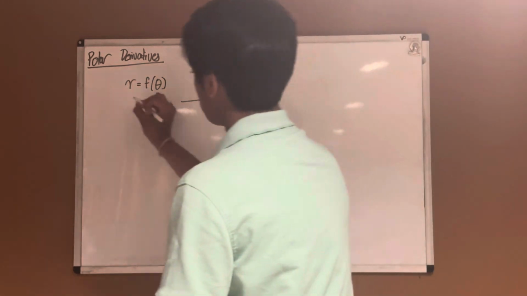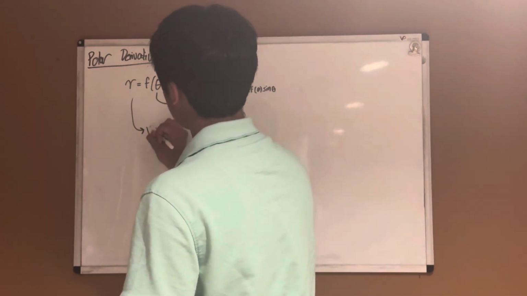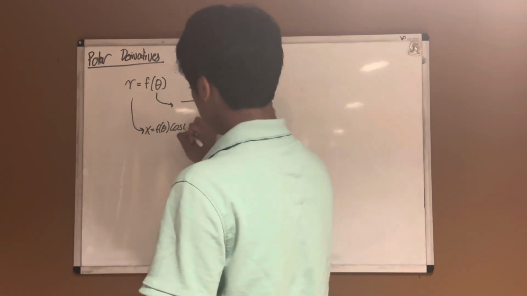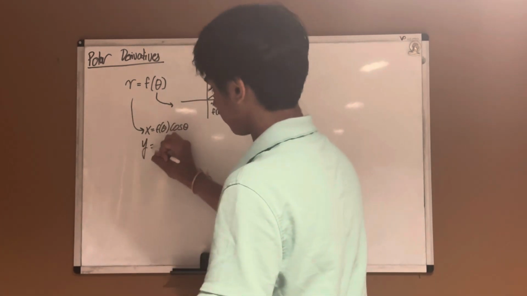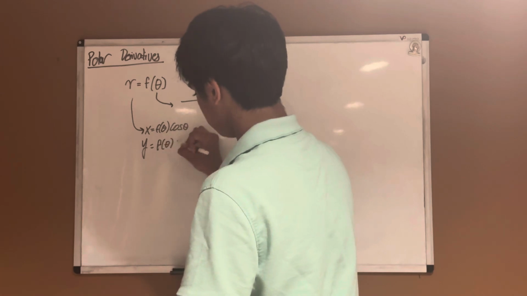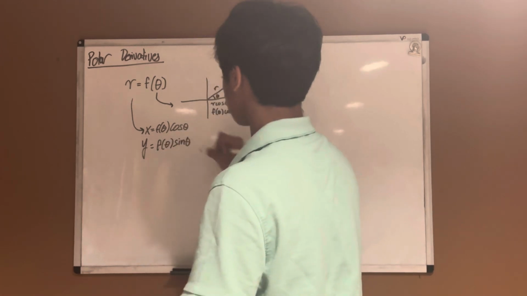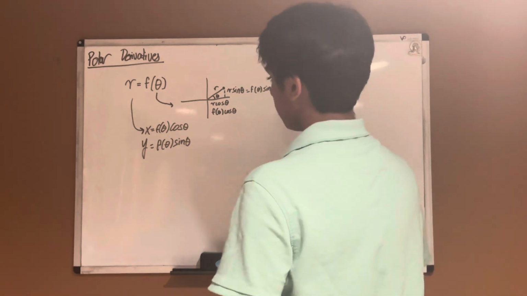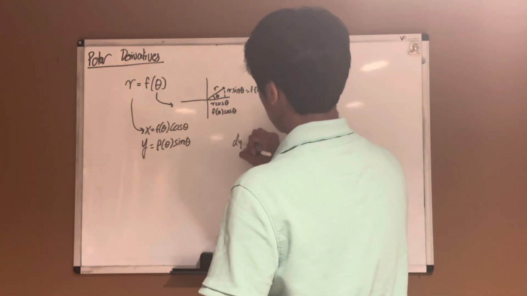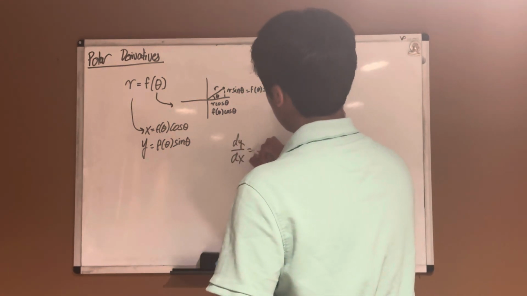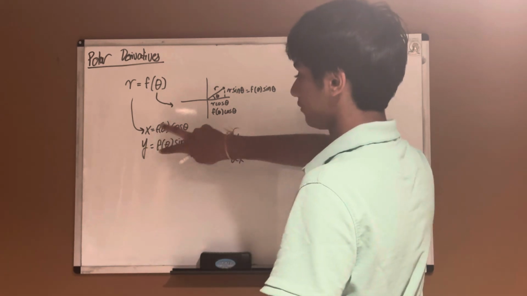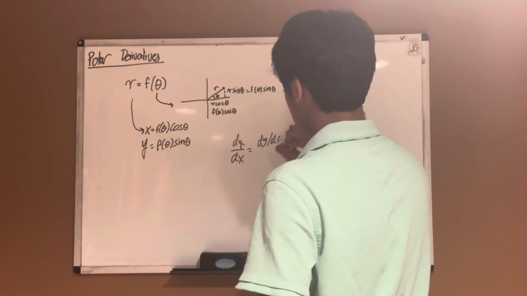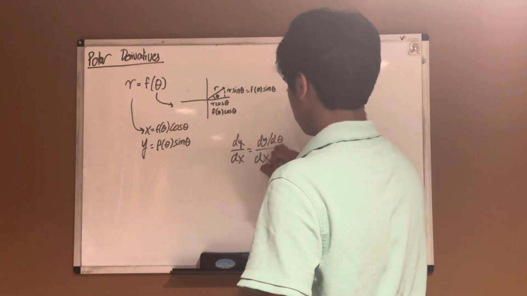So now we know that x is equal to f(theta) cosine theta, while y is equal to f(theta) sine theta. Great, so we have those now. Now we need to find dy/dx. If we take the derivative of these two with respect to theta, what we'll get is dy/d theta over dx/d theta.